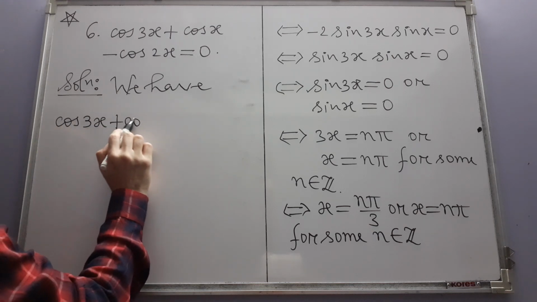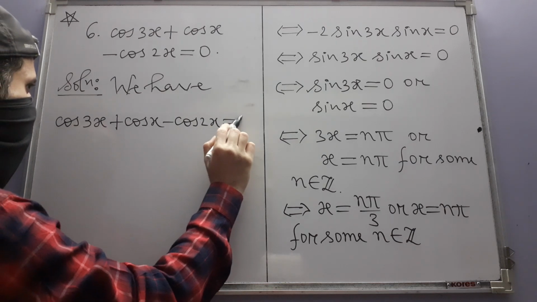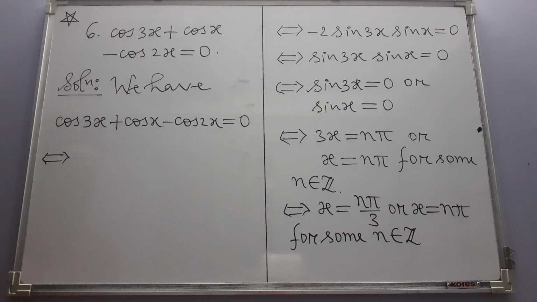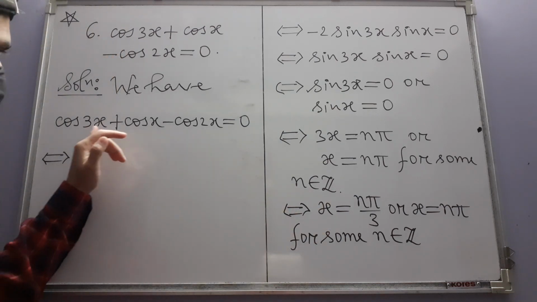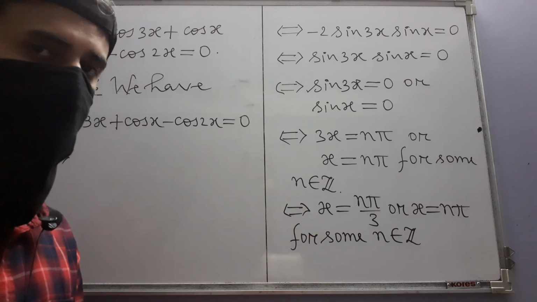Cos 3x plus cos x minus cos 2x equals 0. Now unlike cos a minus cos b, in cos a plus cos b you have cosine cosine.